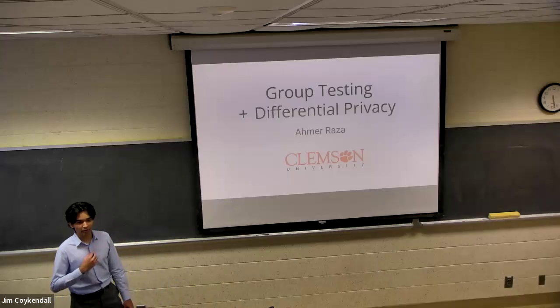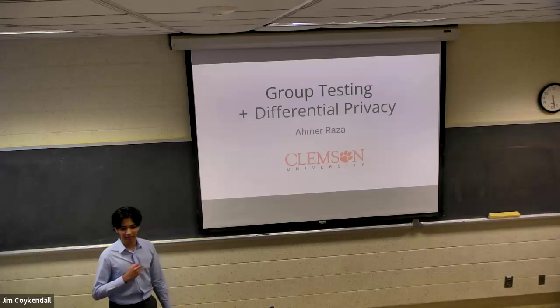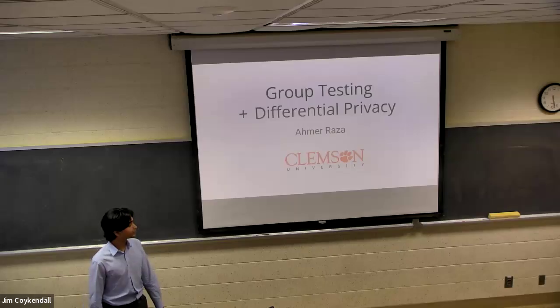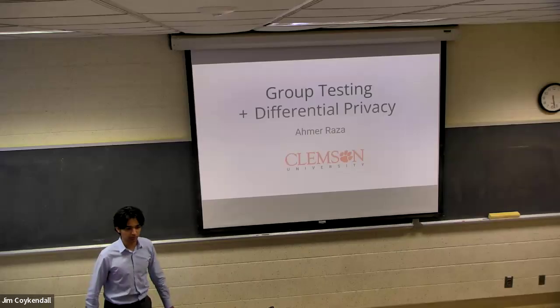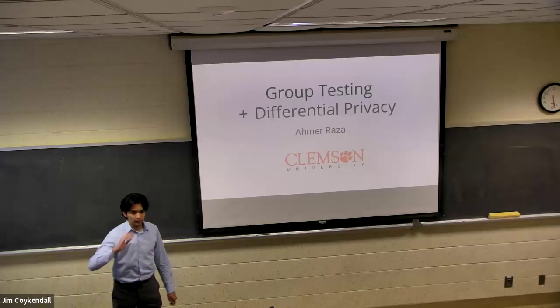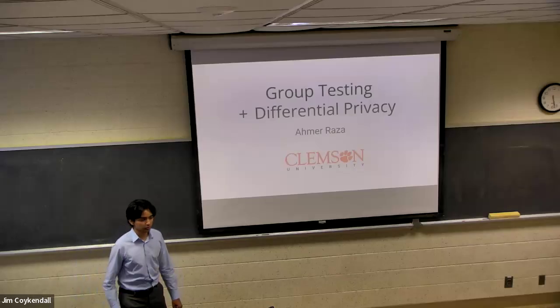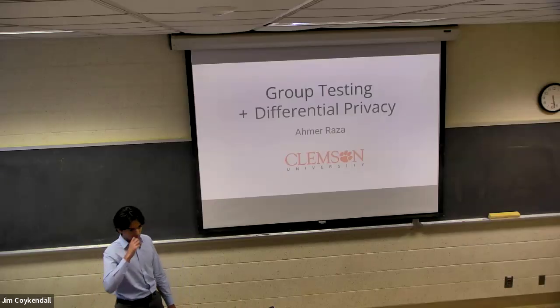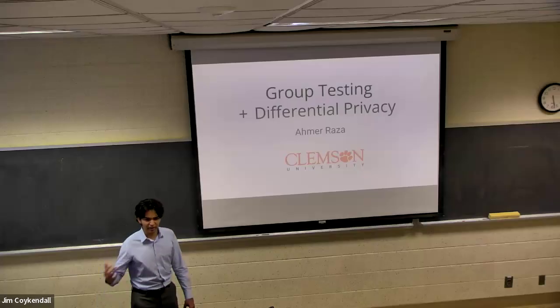So I'm Ahmer. I'm a current master's student in mathematics at Clemson, and I work under Dr. McMahon and Raphael. Group testing and differential privacy is my project in particular. To give a brief synopsis, group testing is a way you can test massive populations really efficiently, and do so in a way that's actually better than if you had tested each person individually.